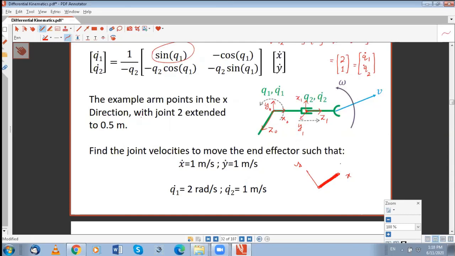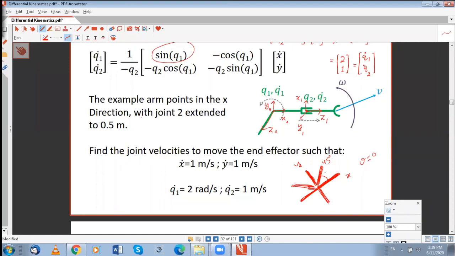So what do you think the value of theta is? It's along x-axis, so what is the theta? 0. But if it moves upward, what is the theta now? 45 degrees. If it is along y-axis, what is the theta now? 90. 90 plus 45, 135, 180, 225 and so on.